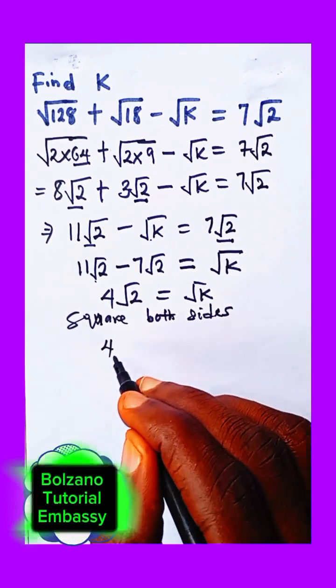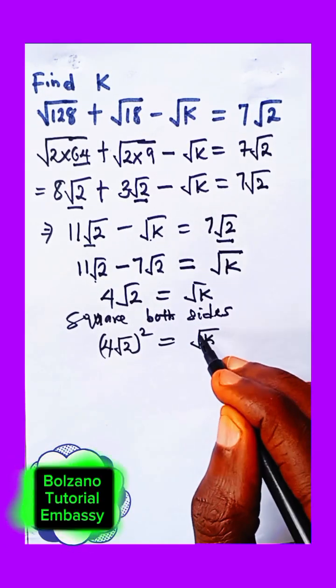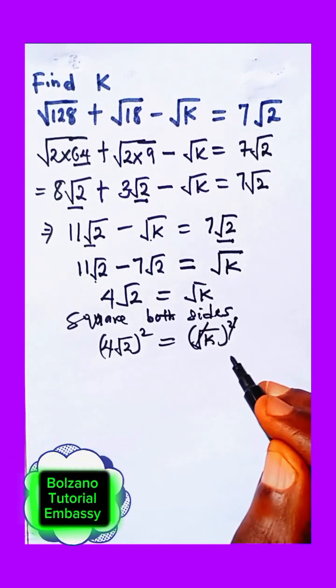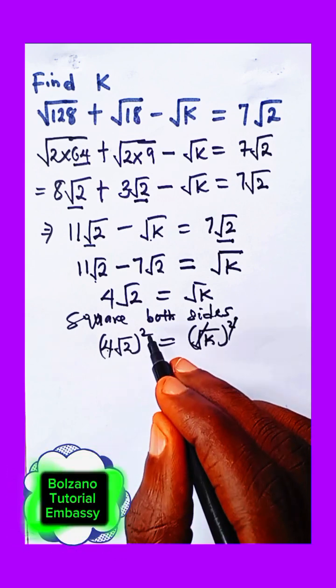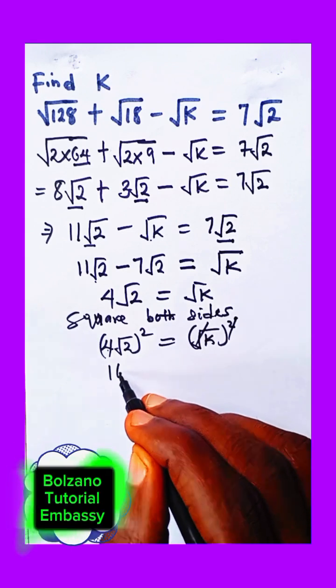We square this side, and we have 4 root 2 all squared equal to root k squared, so that this square cancels this root. Each of these terms we take to the power 2, so 4 to the power 2 is 16.